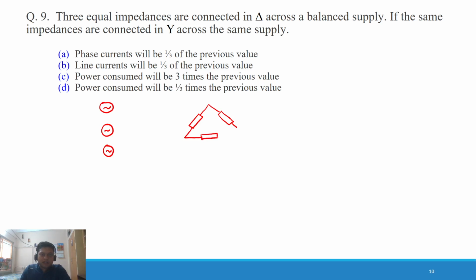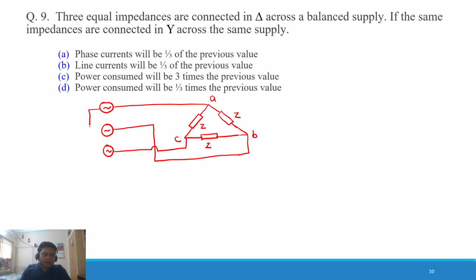Delta connected load having equal impedances. Take it as Z, Z, Z, and take the terminals as A, B, C. From phase A, source A will be connected, from phase B, source B will be connected, and from phase C, this C will be connected, and our source is in a star.